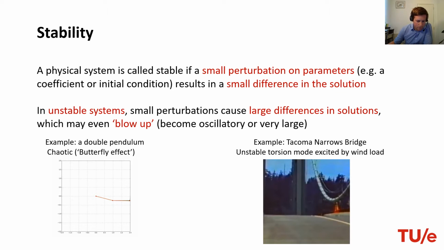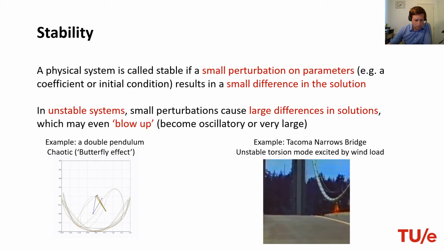On the left, we have a so-called double pendulum. Let me start this animation. In this double pendulum animation, there are three different pendulums simulated with three very slightly different initial conditions. They have different colors: blue, green, and red.